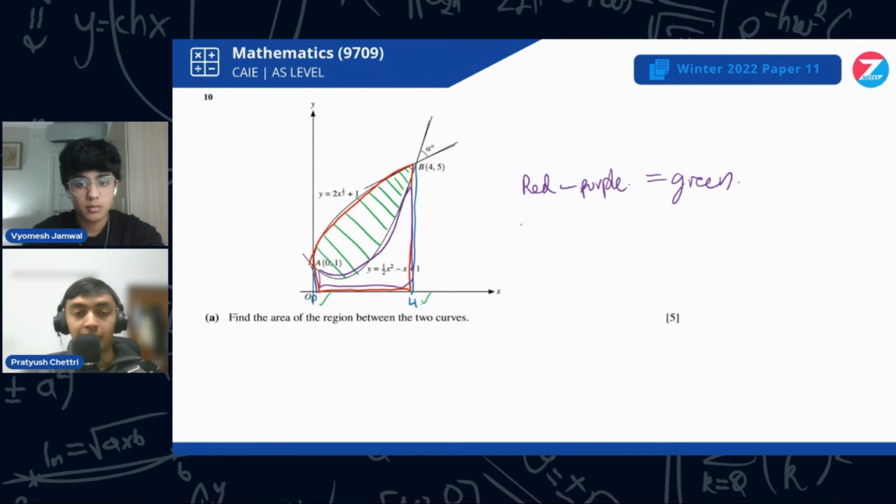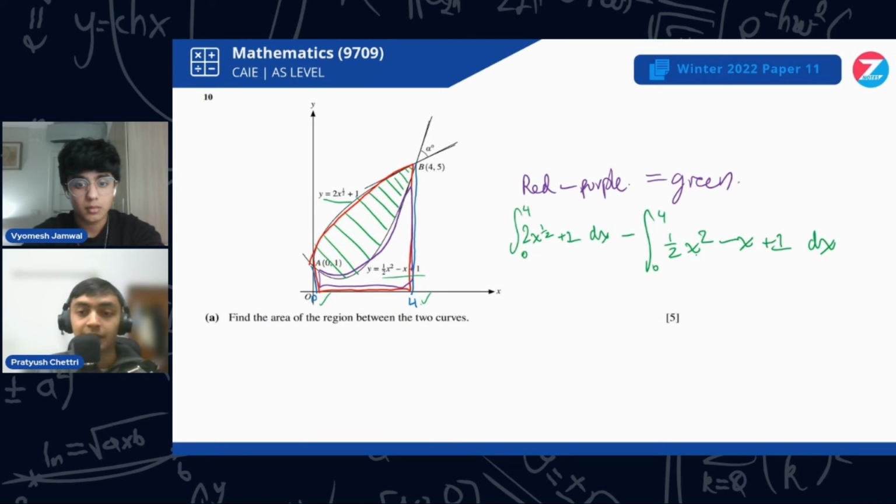So I'm going to do the integral of red, which is 2x to the half plus 1 dx from 0 to 4. That's red minus purple, 0 to 4 again. Purple is this one down here, half x squared minus x plus 1 dx.